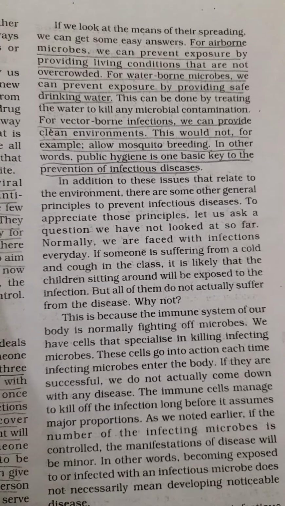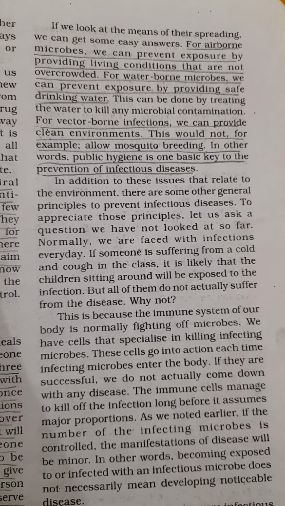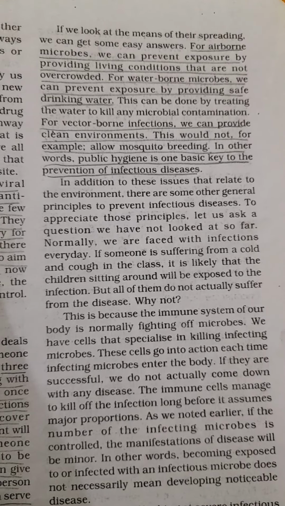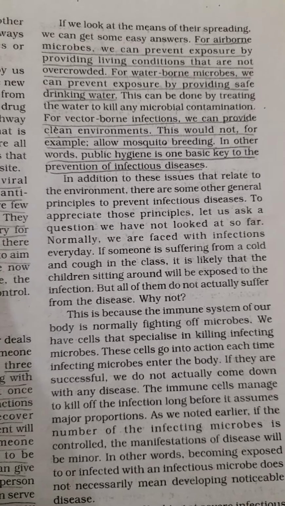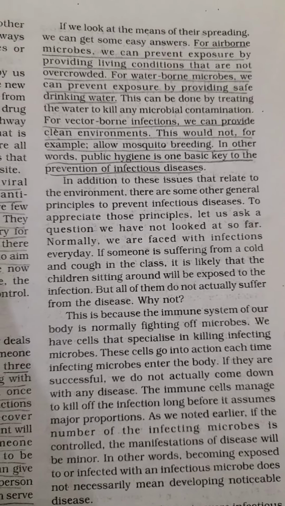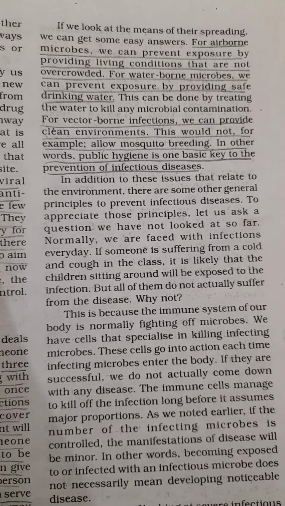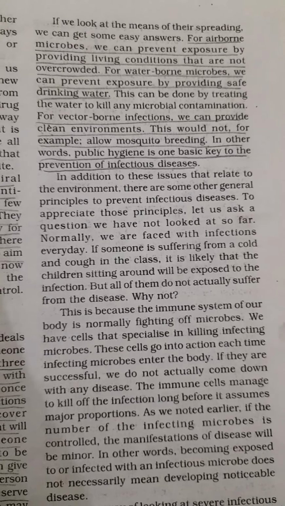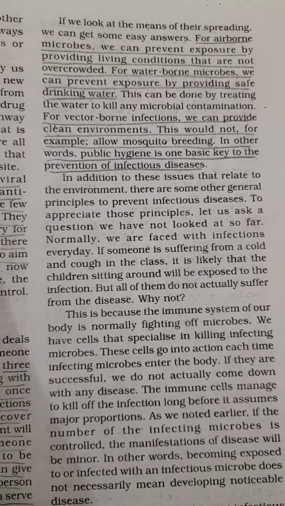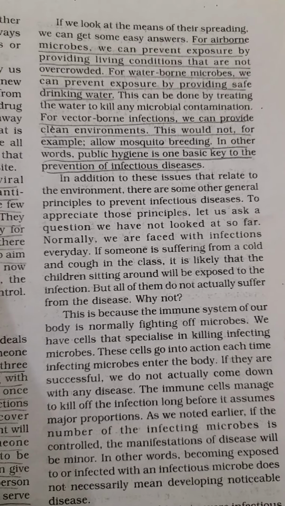In an overcrowded place there is not much space, and for example during COVID-19, everywhere you go, to the bank or the grocery store, you have to maintain 6 feet distance from other people. So it cannot be possible in an overcrowded place. So we should provide living conditions that are not overcrowded.